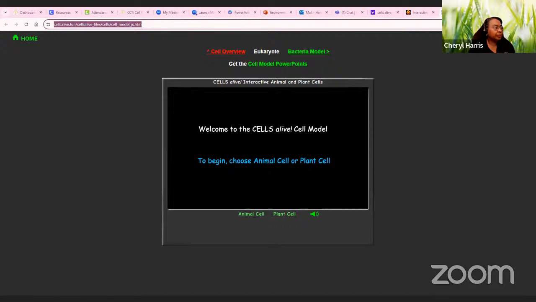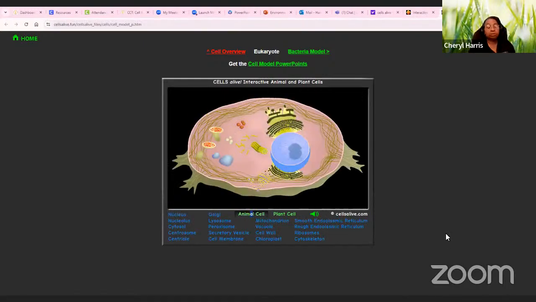Okay. All right, so this is an interactive website. You can take the volume off because that's loud. What you can do with this, and we'll use this a couple of times, is click on each of the organelles down at the bottom and it highlights it in the picture.